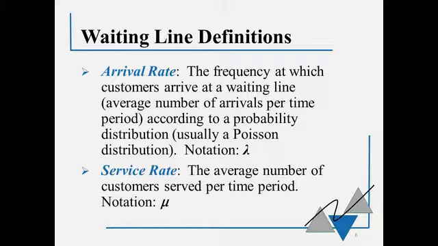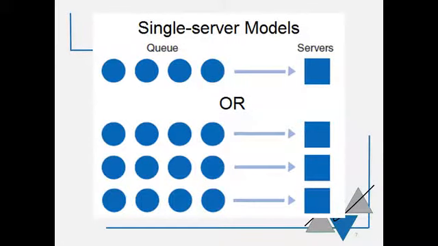If you do understand this distribution, you will see where some of the formulas come from. And the notation for the arrival rate is lambda, the Greek letter. The service rate is the average number of customers served in a time period, and the notation for that is the Greek letter mu.